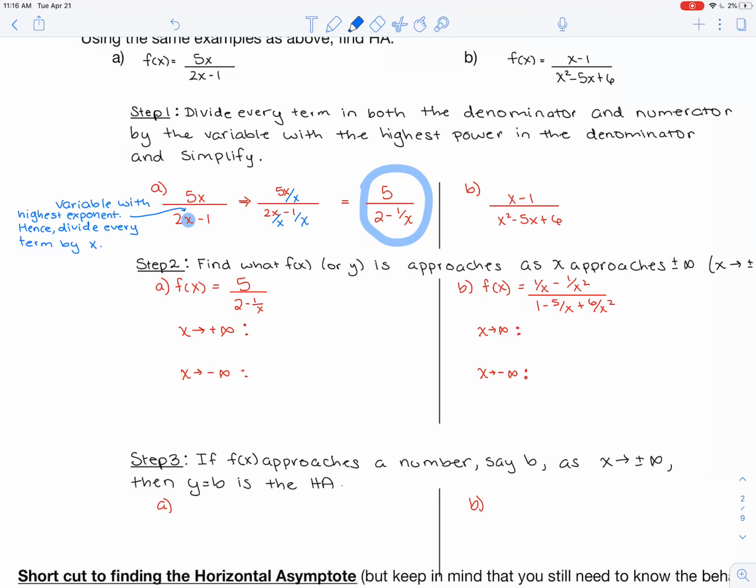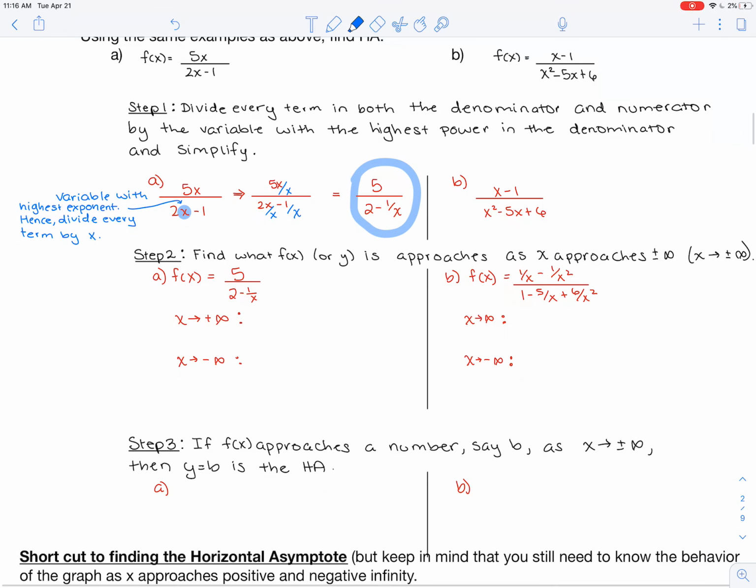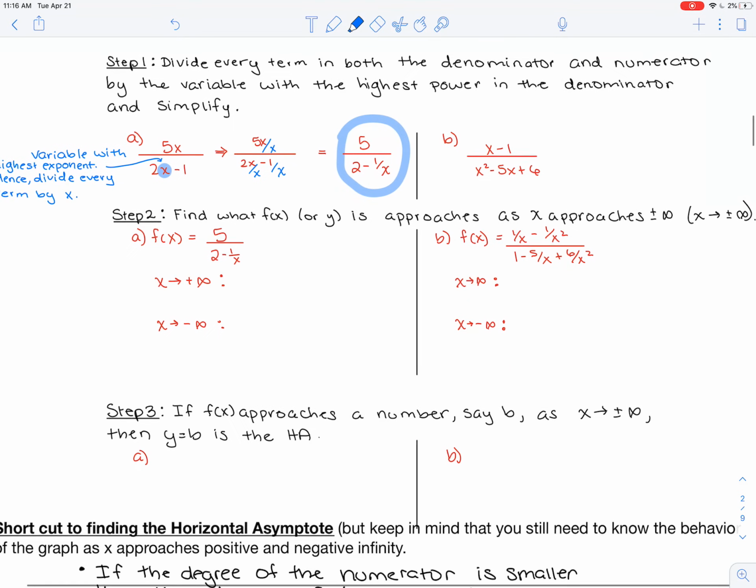Step 2: find what f of x is approaching as x approaches plus and minus infinity. Again, I'm only doing part A right now. First, we're going to plug in x approaches positive infinity. Now remember, infinity is not a number, so I can't really plug it in.